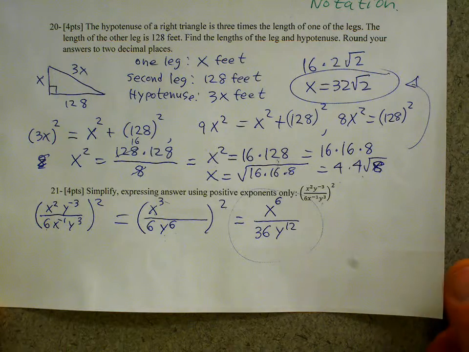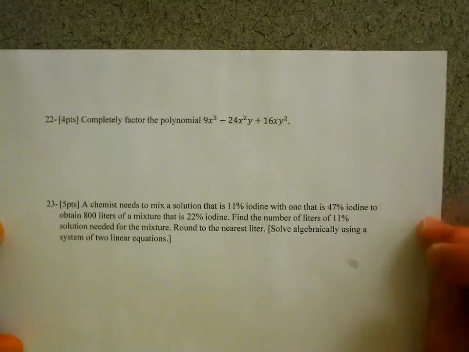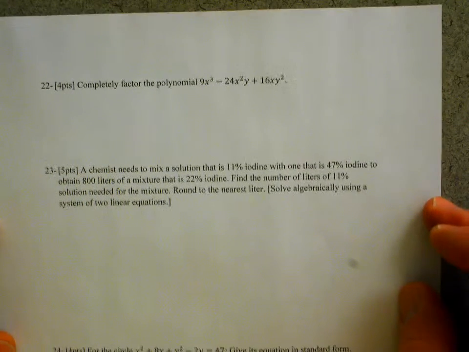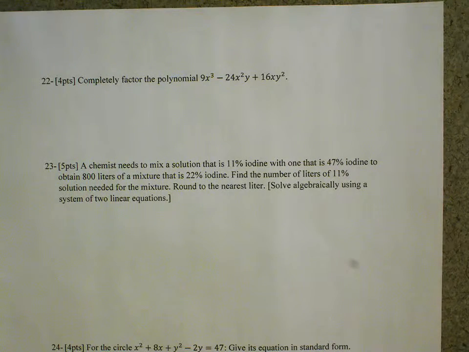Okay, the next page. This one says completely factor the polynomial 9x to the third minus 24x squared y plus 16x y to the second.